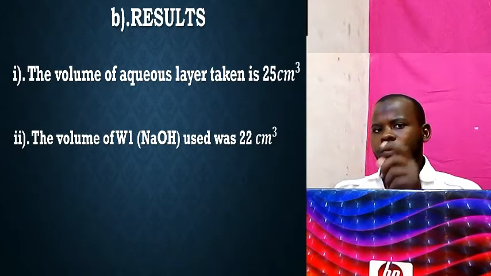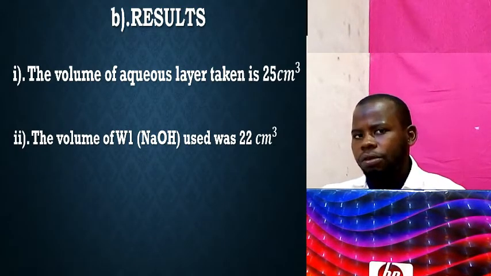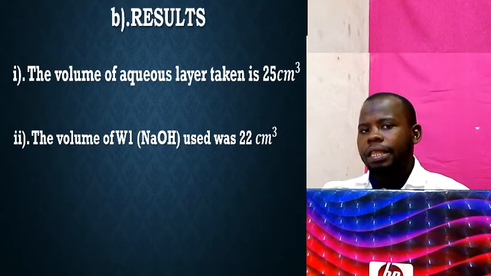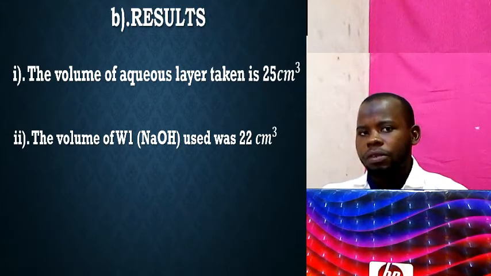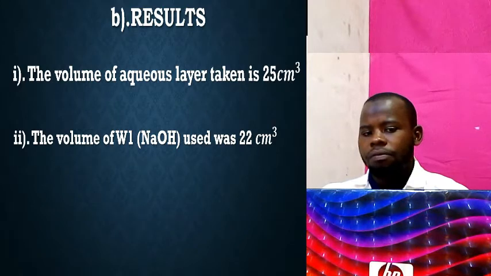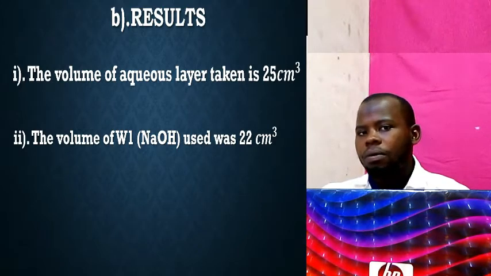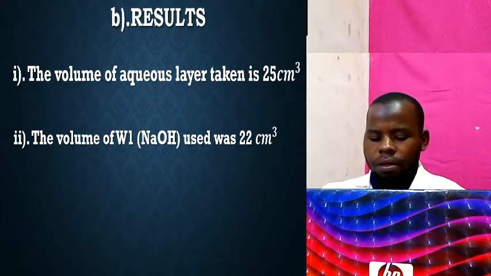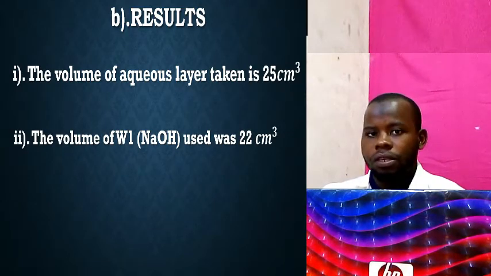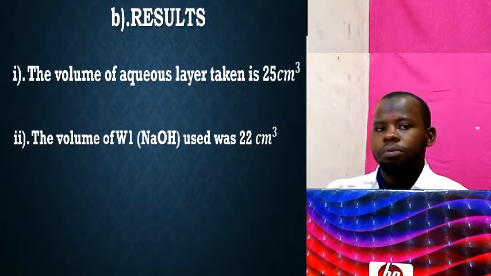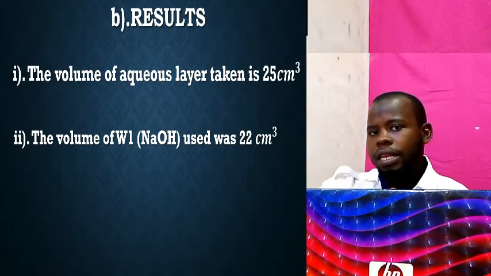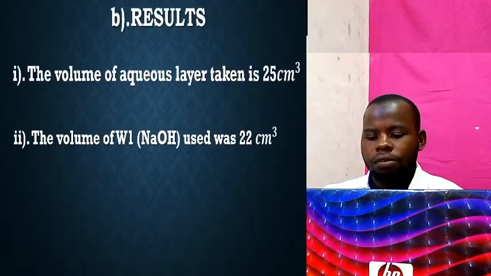So there is a concentration reduced. That's why the titre volume used to neutralize 25 of sodium hydroxide was 22. It means there is a reduction of the concentration of acid because there is a distribution of the same amount within diethyl ether. That is the result of our experiment.